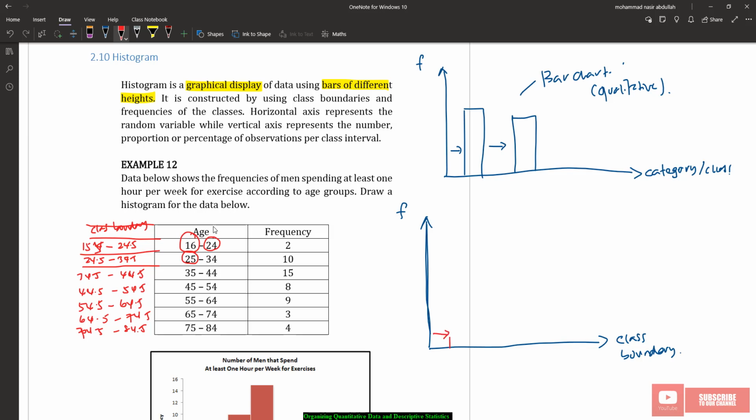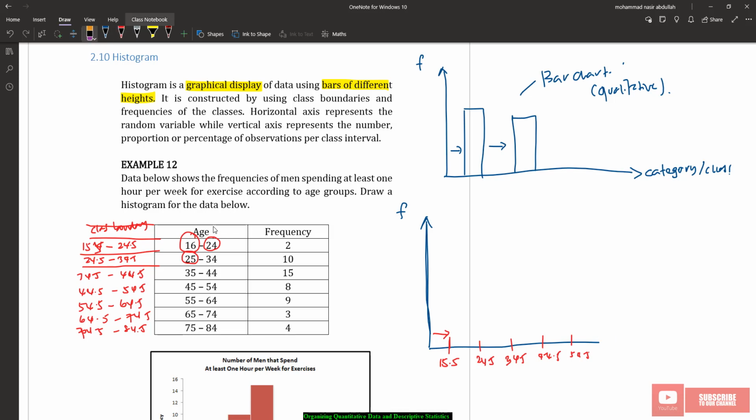The first bar here should be 15.5, and then 24.5, 34.5, and then this is 44.5, 54.5, and so on. So it should represent a class boundary. It starts from 15.5 until 84.5. Let me erase this one.